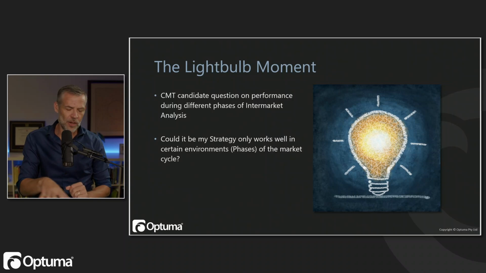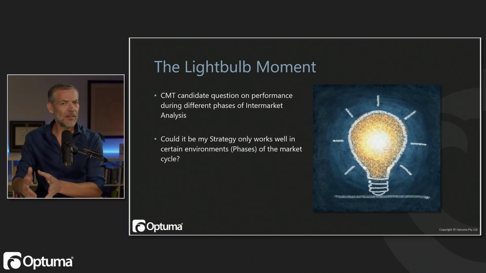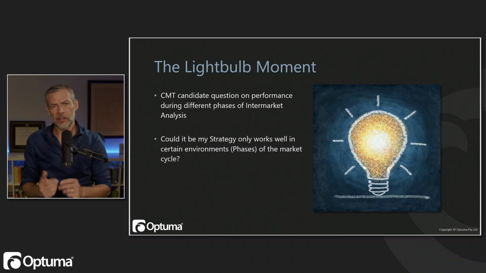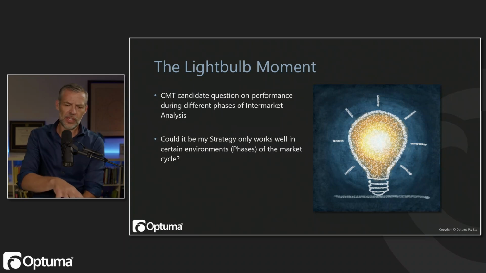Now, some of you may know that I teach the CMT curriculum, all 3 levels, with video courses. And as part of that, for students who sign up to our courses, I answer their questions in a forum. One of the things that we teach, I think at CMT 2 level, is the whole idea of intermarket analysis and leadership of asset classes.